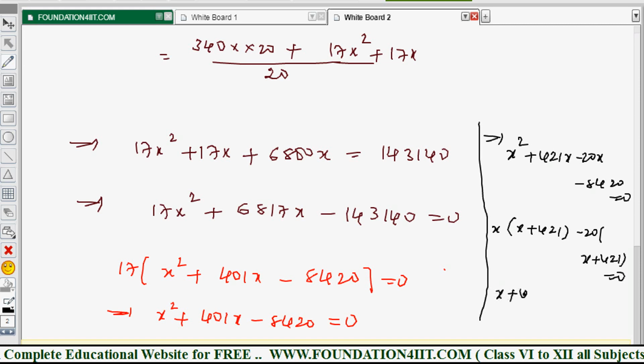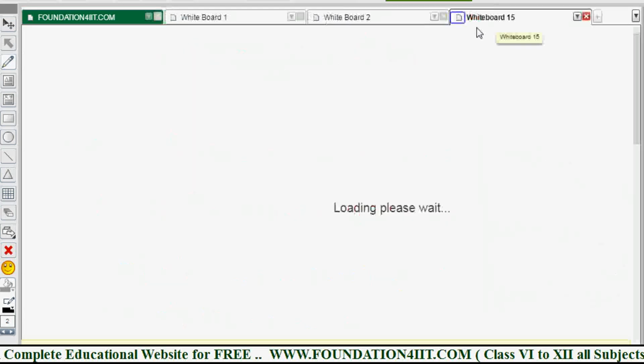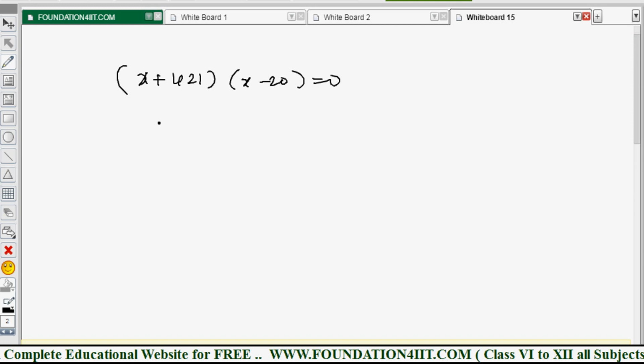Then x plus 421 into x minus 20 is equal to 0. So x is equal to minus 421 or x is equal to plus 20.